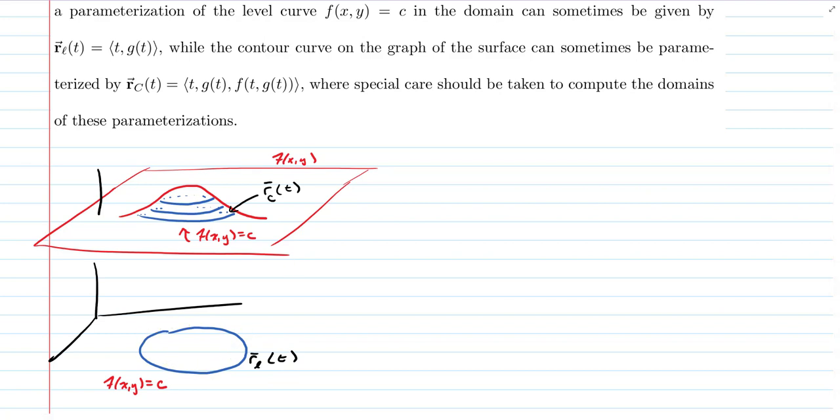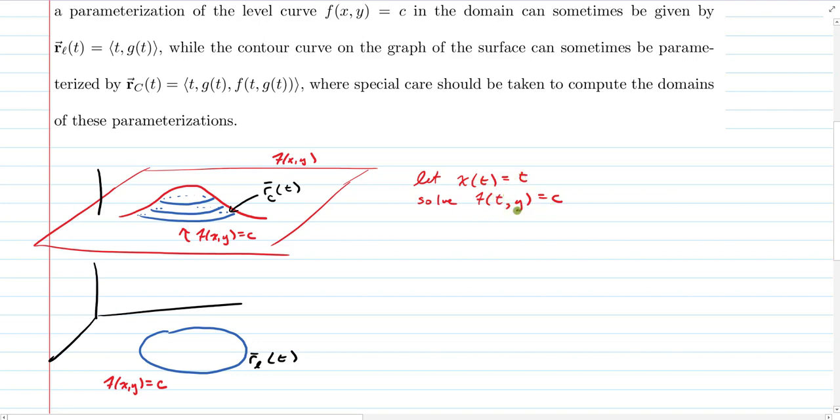Finding this equation is going to hinge on a couple of observations. The first one is that oftentimes, and this is why I'm careful with my language here, we can use what I call the standard parameterization for a curve. That is, we could parameterize a curve by saying, let's let x of t just be the variable t, and then we solve f of x comma y equals c, but we replace x with x of t, which is just t.